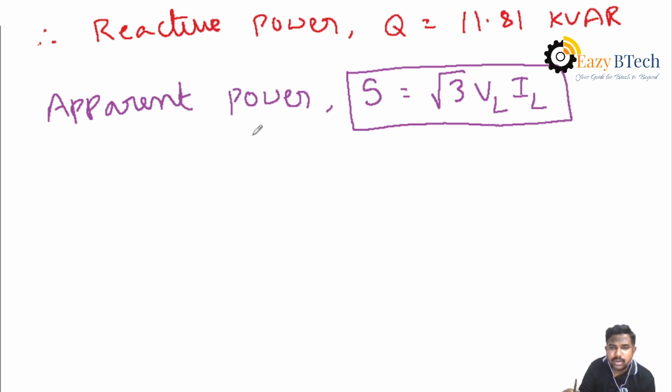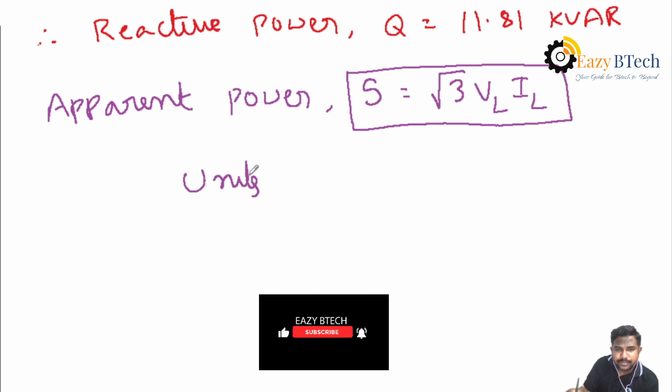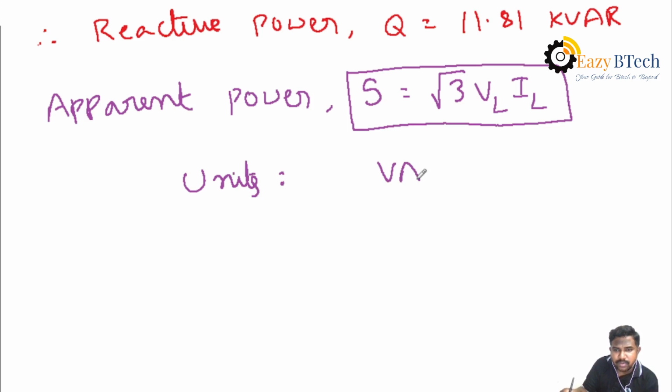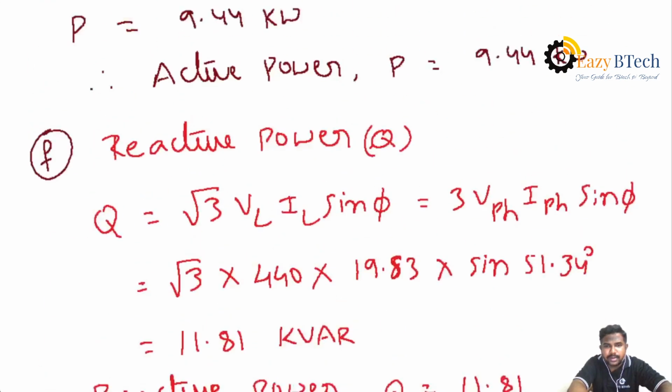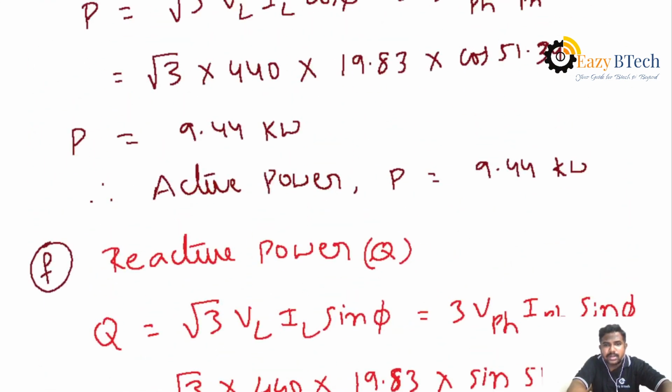Then we have to find the apparent power, and the value should be obtained in the form of kVA, that is kilo volt ampere. Okay, the unit of active power is kilowatts.